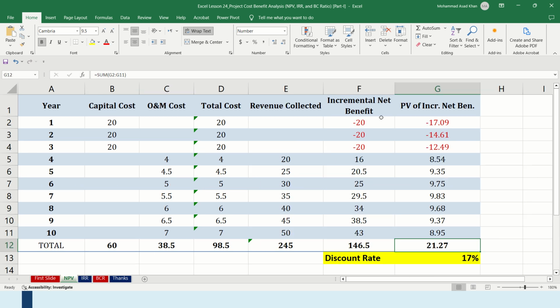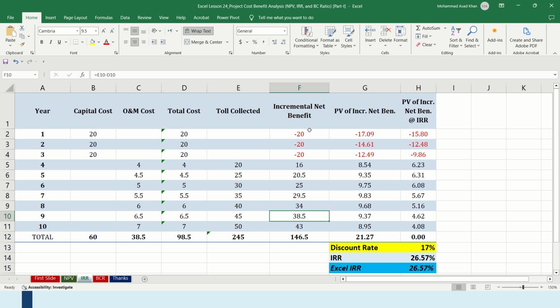It's the same sheet, with incremental net benefits of 146.5 million, simply subtracting the cost from the revenues. In IRR, it's coming 146.5 million, the total value. In this function you can see F2 to the end, and it asks automatically what discount rate you would like to apply.